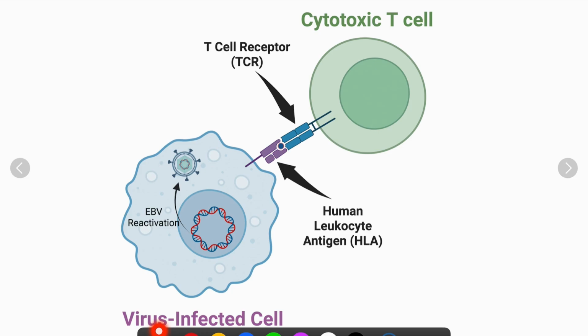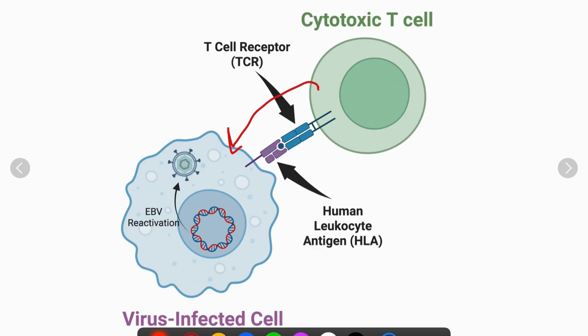So the ability of cytotoxic T cells to use their T cell receptor to detect cells that have an EBV reactivation event occurring below the cell surface is incredibly important, because if this can be detected early on, there can be signals released from the cytotoxic T cell to the infected cell to result in its destruction and preventing EBV from escaping and infecting other cells.